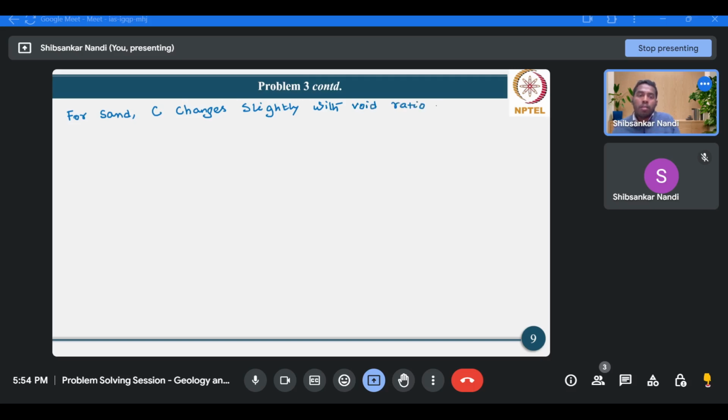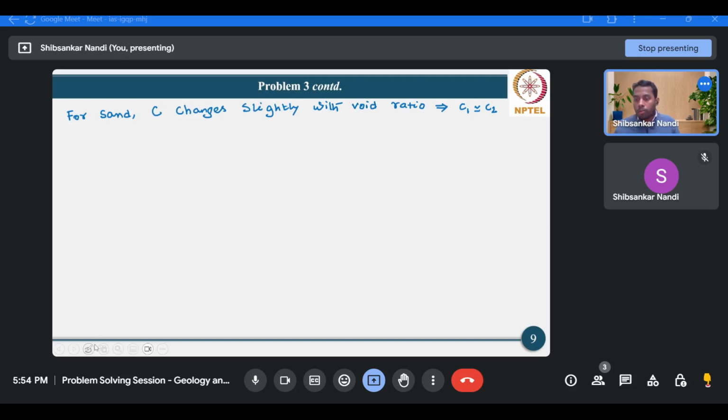That means we can take C1 and C2 both as equal. Okay, so this is the implication of this statement, that for sand C changes very slightly with the void ratio. So we can take C1 and C2, both the values, as equal.